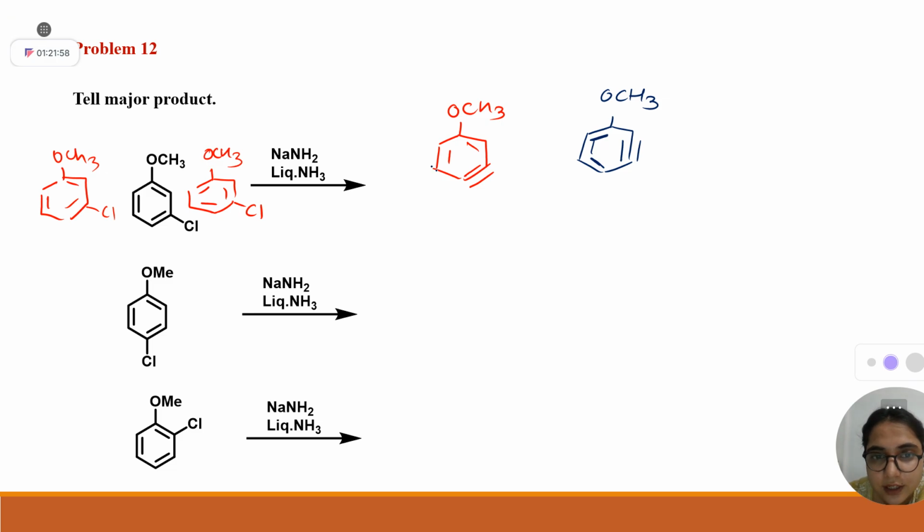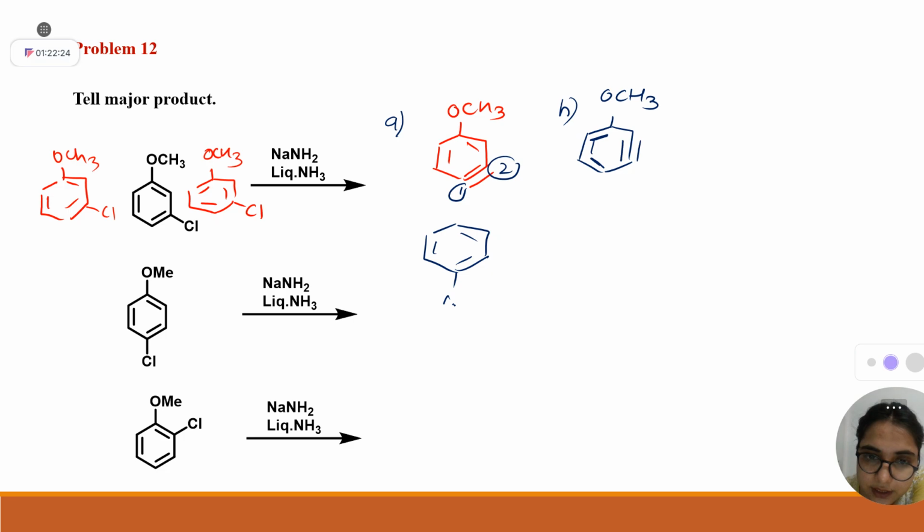And why? If we go via structure A, at position number 1 or 2, where will NH2 attack? It will attack at position number 1. Why? Let me tell you.